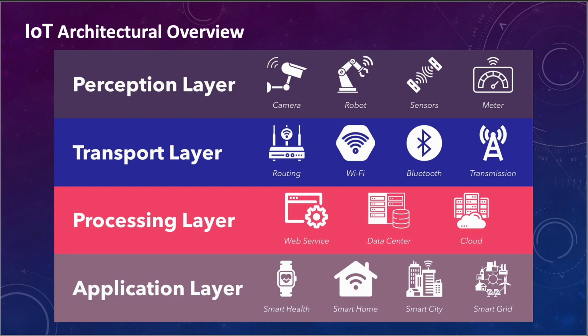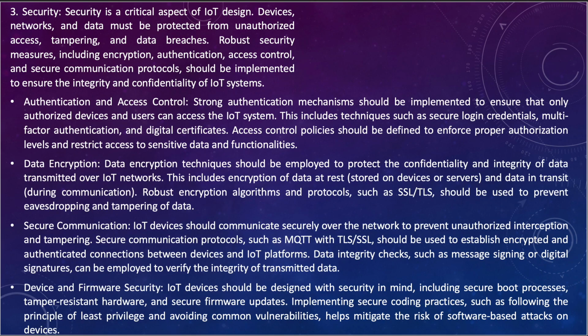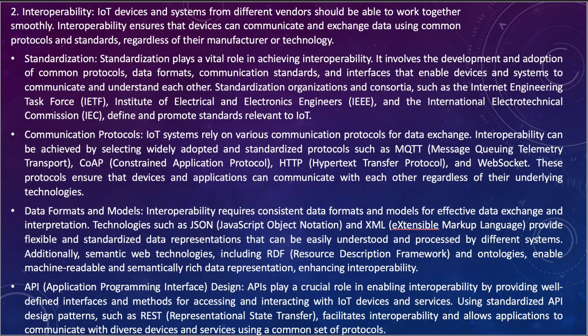If you take the example we are mostly concentrating on here, Alexa, it gets commands through voice. So that means that that particular layer should have communication all the way up to the perception layer.